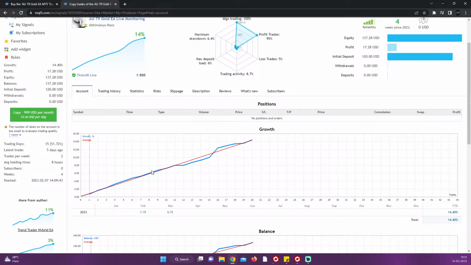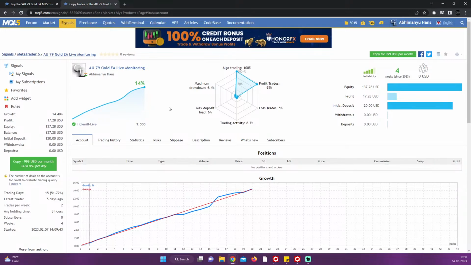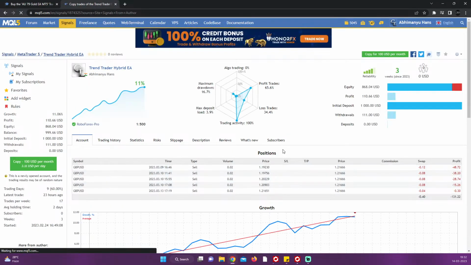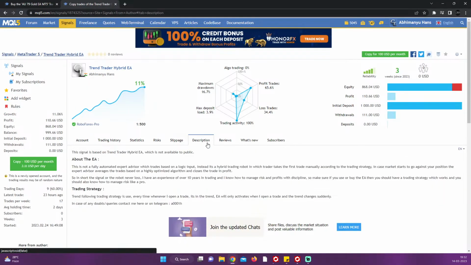And now I do manual trading live in front of everybody. Second, I'm doing this automation trading as well. Number three, I'm doing this hybrid trading as well. If you see the description of this kind of trading, you will see that it's not a fully automated expert advisor, right?